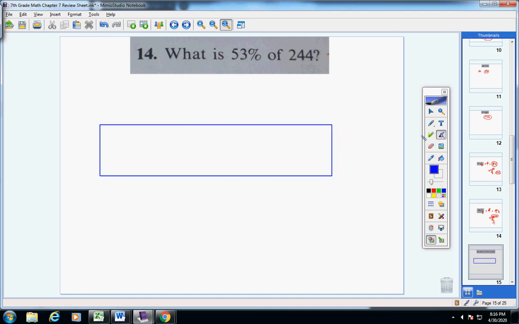The rectangle method, the of number is always your 100%. If you'll remember that, you'll be fine, okay? So if you like the rectangle method better, no problem. Here's your of number of 244, so that's your 100%. Now, next is 53%, so 53% is about right here, and we're trying to find that number here. So if you like it like that, no problem.